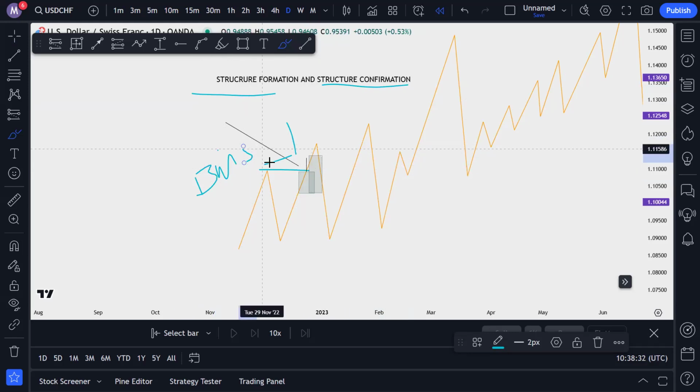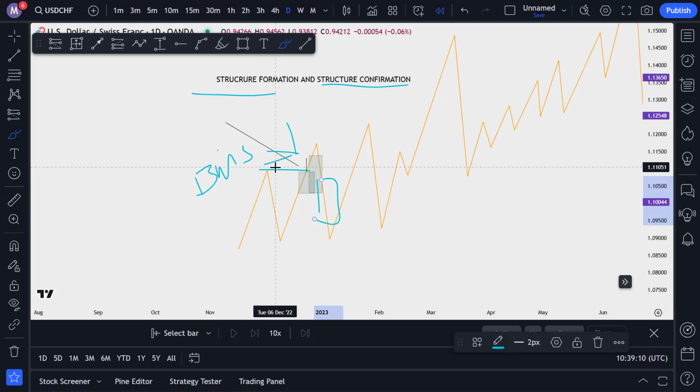If price only has a wick, don't consider it as a break of market structure, because it has formed the structure but not confirmed it. The reason why price needs to confirm a structure is that if price closes with a wick, there are high chances for price to continue dropping lower, because the momentum of buyers that came to break this high was low. So that's why I say that price has only performed a structure formation.